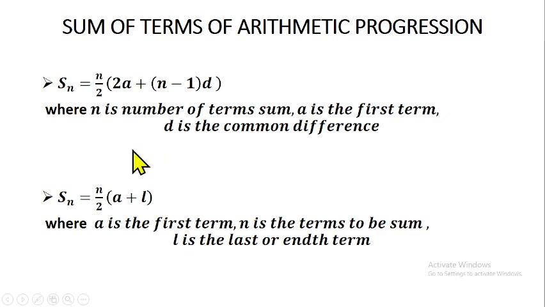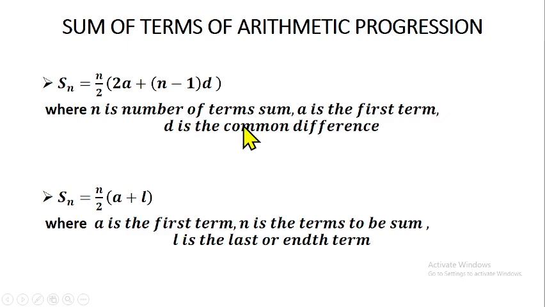There's a situation where you can use this one, and a situation where you can use that one. For instance, if I'm given a question to sum terms and I know the number of terms, the first term, and the common difference, I can use this one. But if I don't know the common difference and I know the last term of the sequence, I can use the first term, the last term, and the number of terms to sum the terms together.